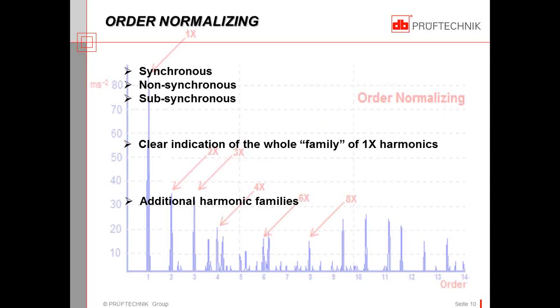So once again, breaking the complex spectra out into these regions really helps you identify the important points. It allows you to look at a clear indication of harmonic families, that is the family of 1x harmonics, and any additional families of harmonics.